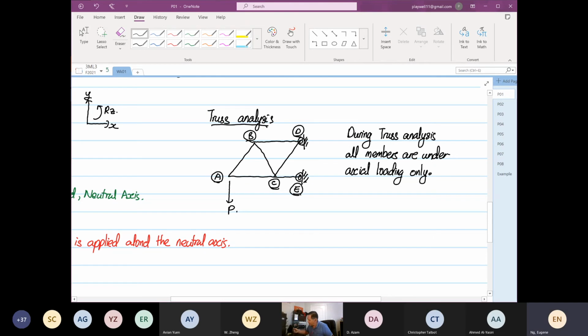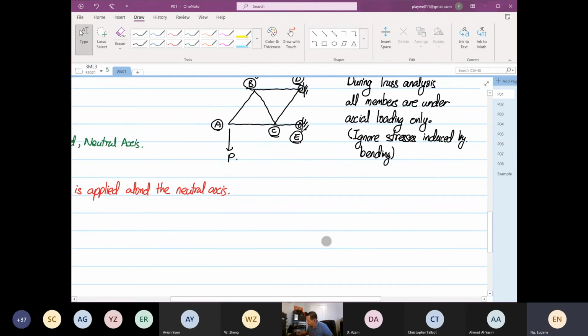Okay, so i.e. you ignore stresses induced by bending. Okay, you ignore them. So if you look at point A now, right, or we look at member AB, okay?